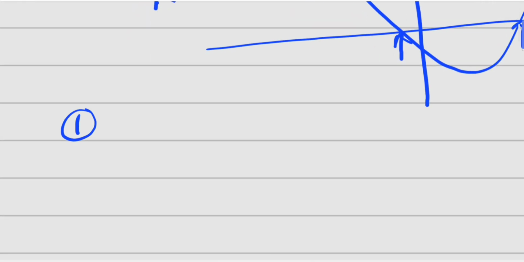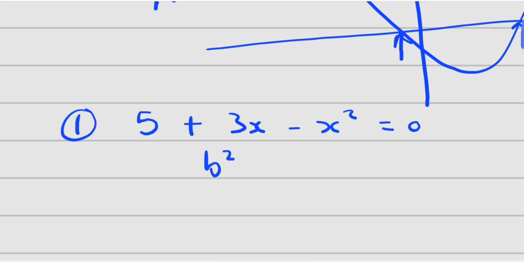So our first example will be, let's say, 5 plus 3x minus x squared is equal to 0, right? And we want to make a conclusion about the nature of the roots, right? And so we use the discriminant, or b squared minus 4ac, like that, right?